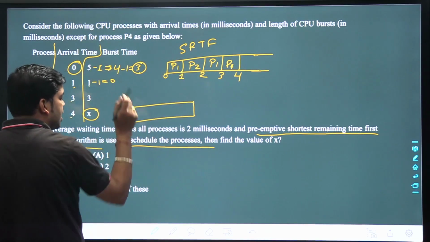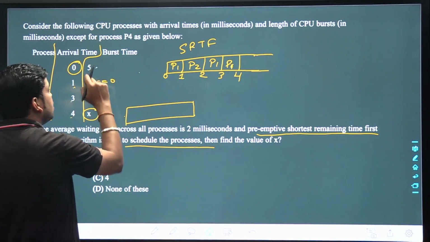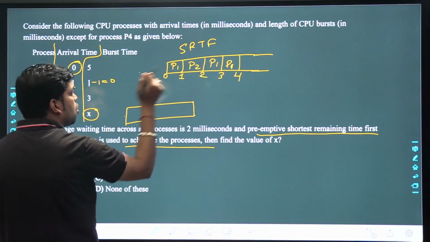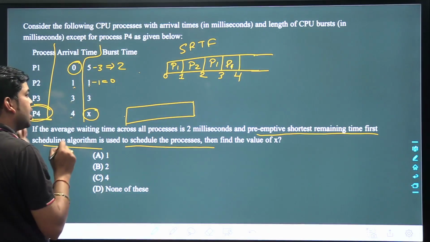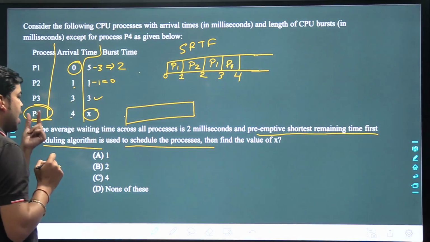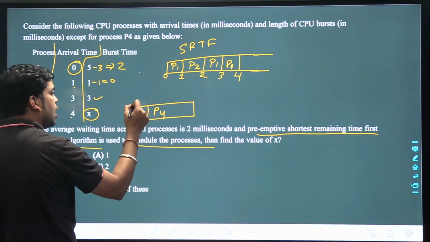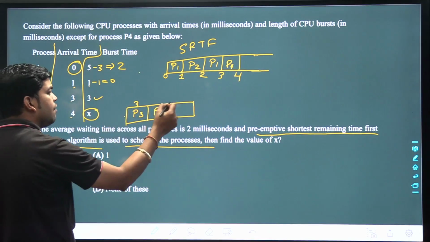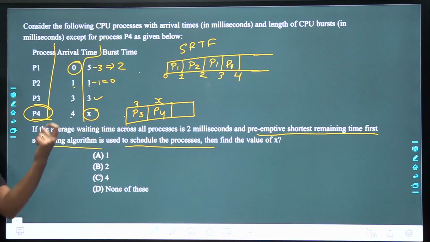So the remaining time of P1 we just mentioned here. From 5, there are 3 slots of P1 that will have executed, so the remaining time of P1 is 2. The remaining time of P3 is 3, and then P4. P3 and P4 are in the ready queue; the time of P3 is 3 and we don't know about P4, so the time of P4 is X. Got it?